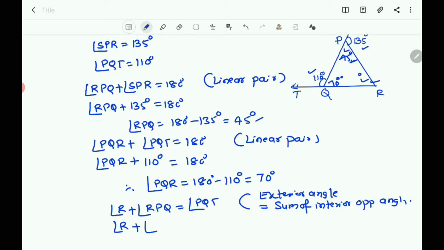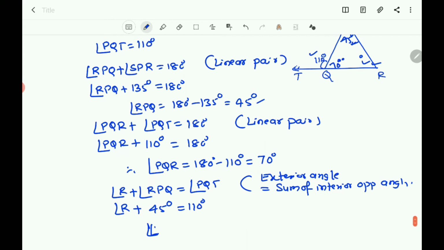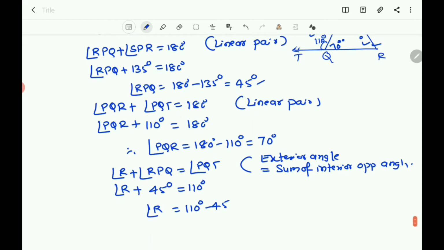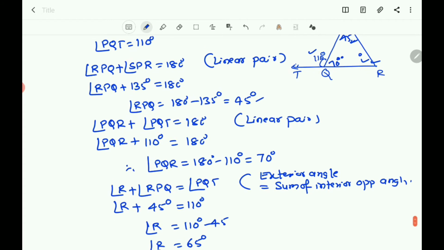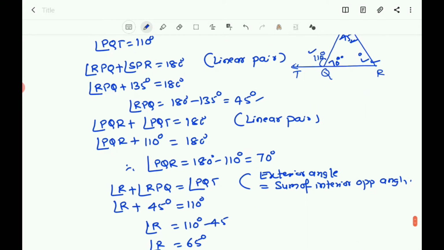Angle RPQ is 45 degree, equal to PQT, that is 110 degree. So you get angle R is equal to 110 minus 45 degree, that is 65 degree. Here you got the measurements of the three angles as 65, 70 and 45.